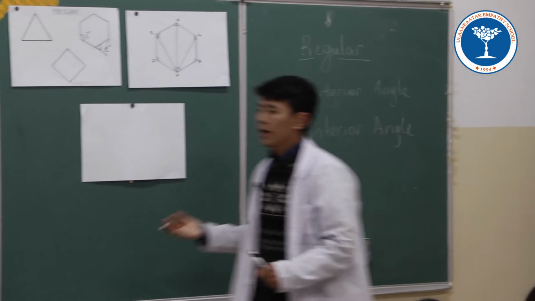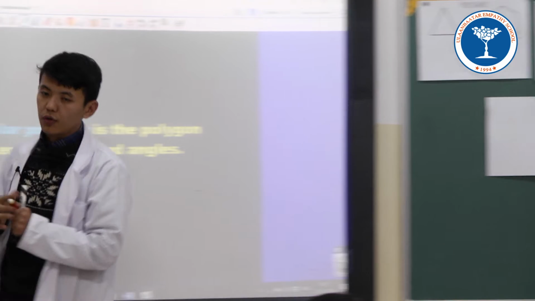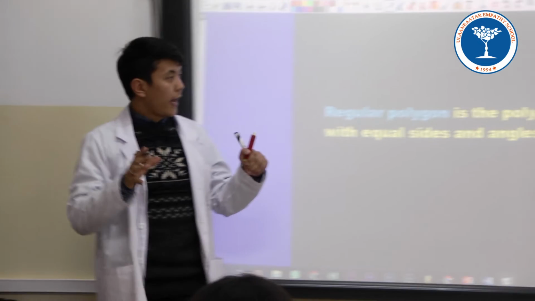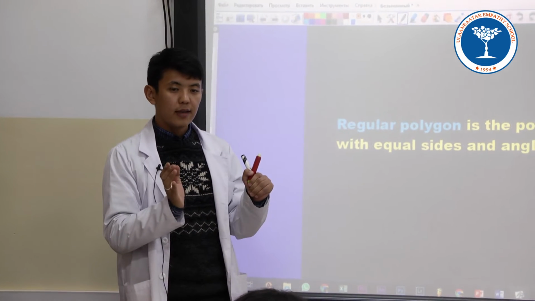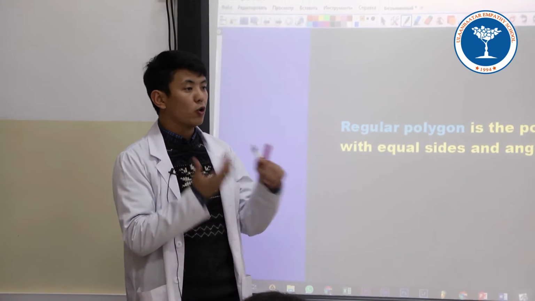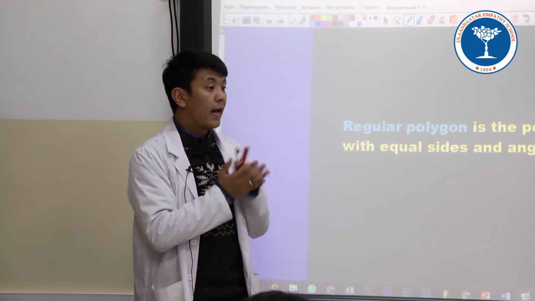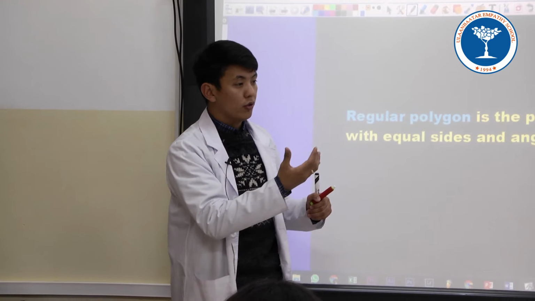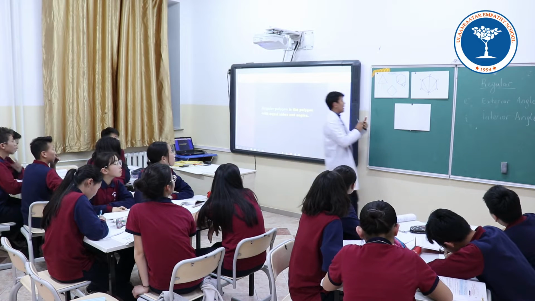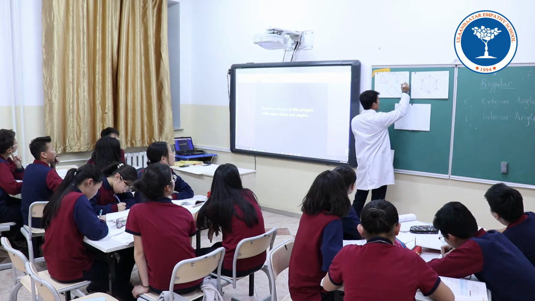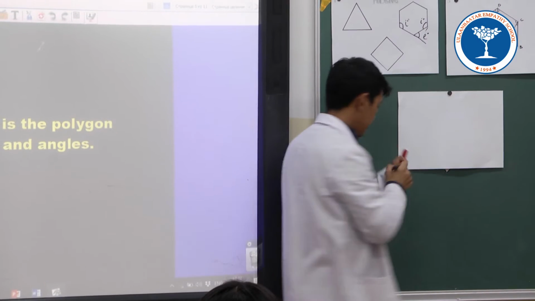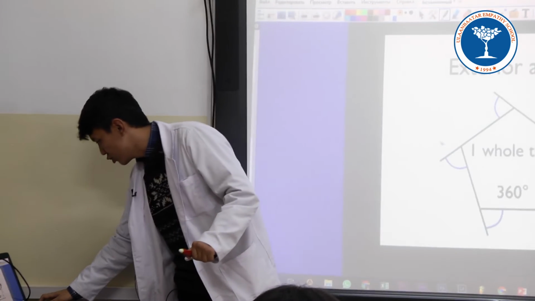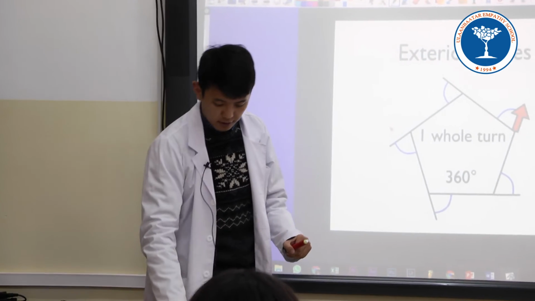Now, a regular polygon, we say that the sides are equal and also what? Angles are equal, yes? So the interior angles of the polygon, it means this I is equal to this I. Understand? Now, let's look first at the exterior angle.